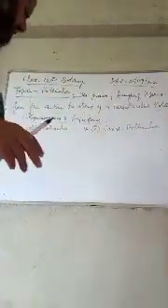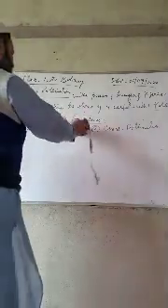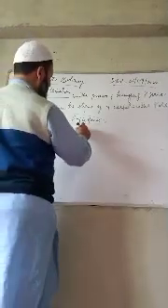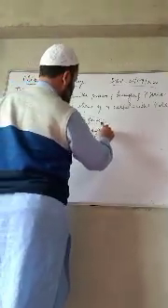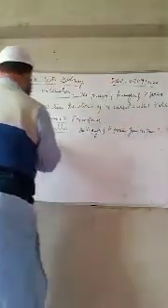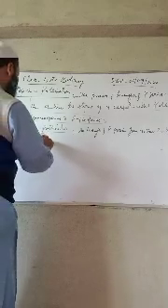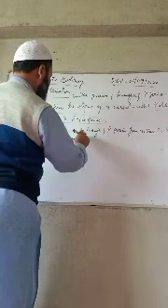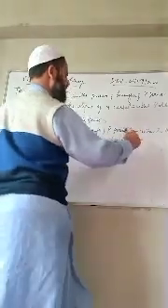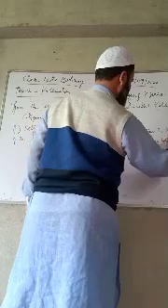Now we will take first self-pollination. The transfer of pollen grains from the anther to the stigma of the same flower or another flower born on the same plant is called self-pollination.